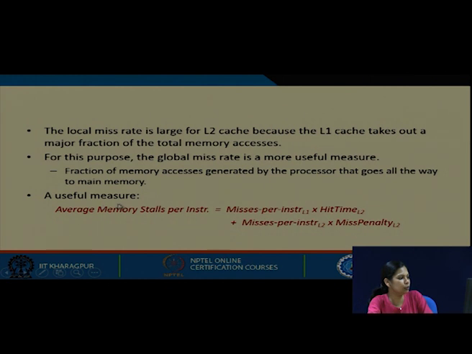A useful measure is average memory stalls per instruction, that is, how long the processor has to wait per instruction. So, misses per instruction in L1 into hit time of L2 plus misses per instruction of L2 into miss penalty of L2, that means the time required to bring it from the main memory.